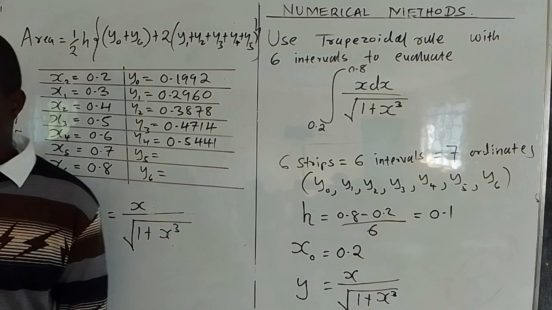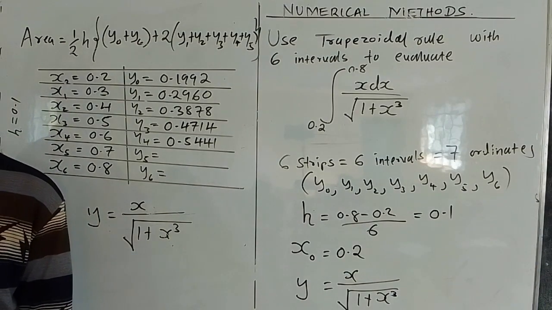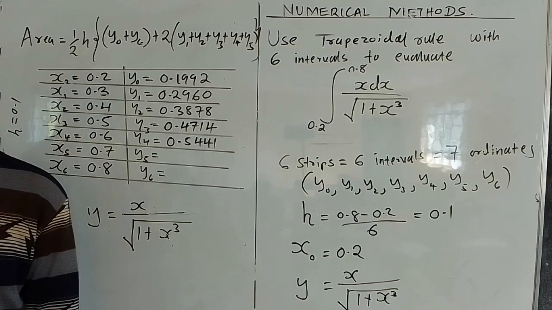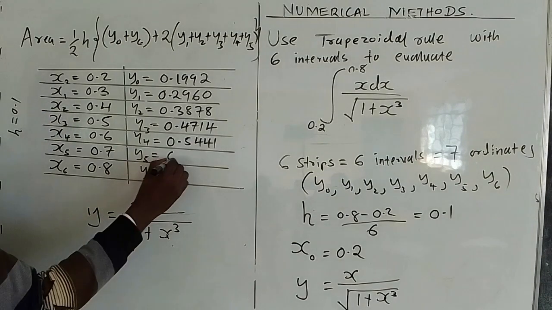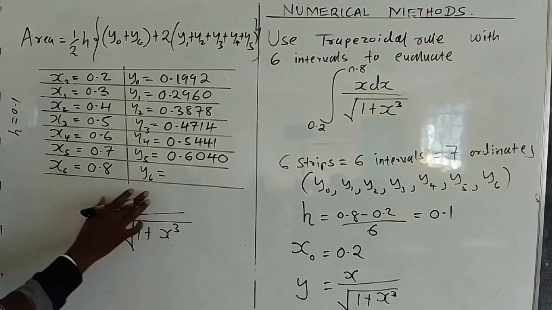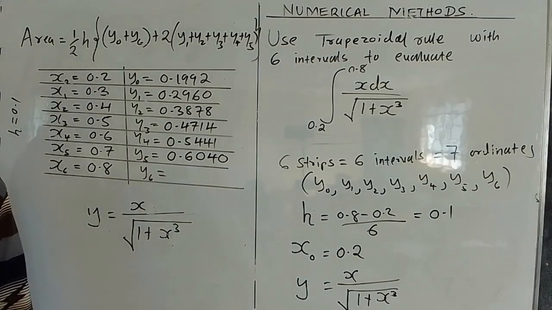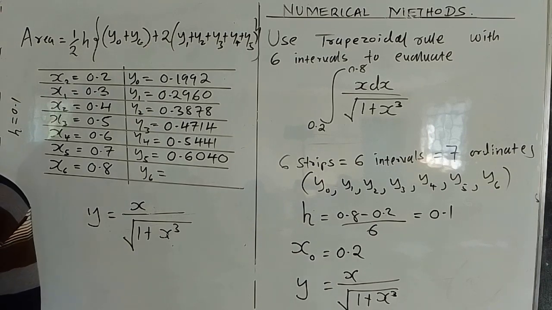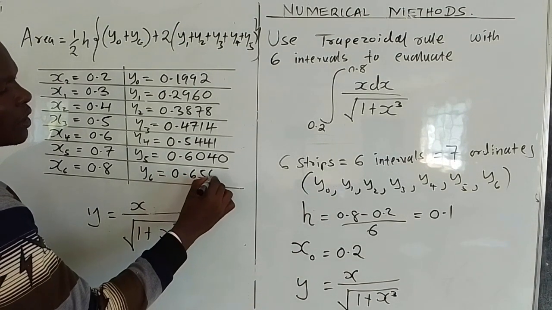What is y5? 0.6040. Can you use the same procedure to get me y6? 0.6506.